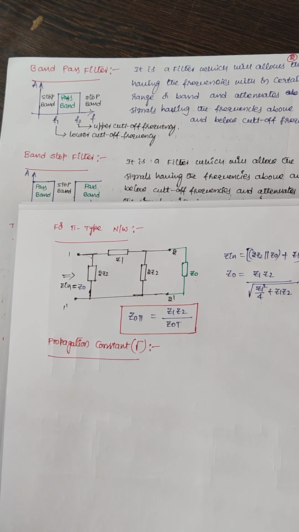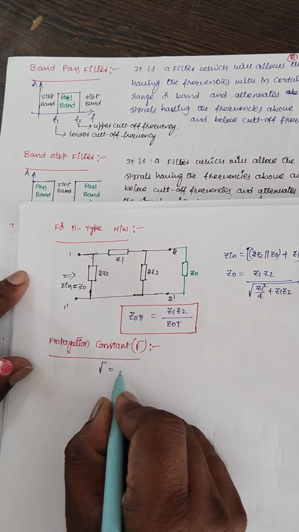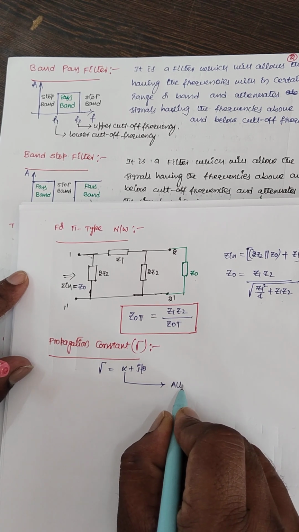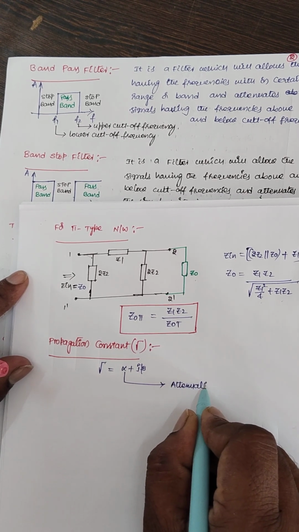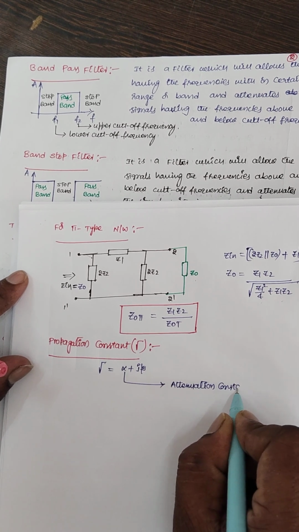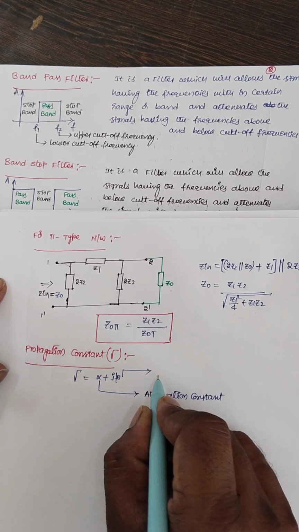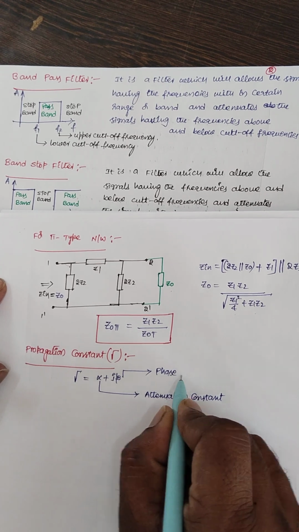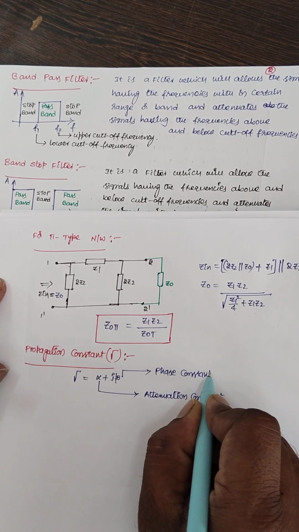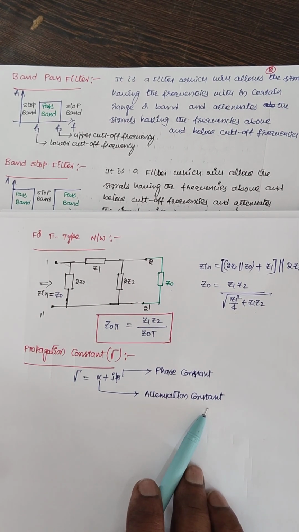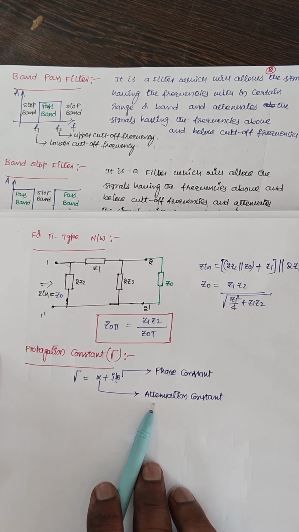The propagation constant can be represented with gamma is equal to alpha plus j beta, where alpha is the attenuation constant and beta is nothing but the phase constant. This attenuation constant explains the signal strength whenever it is traveling from transmitter to receiver.